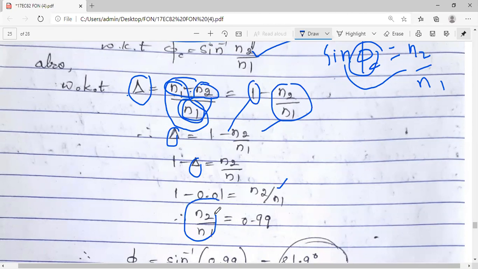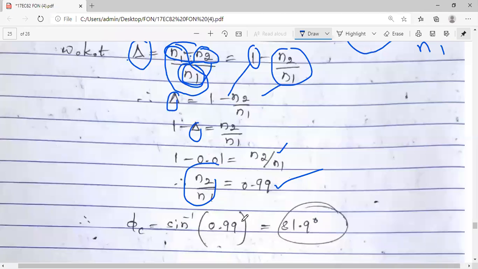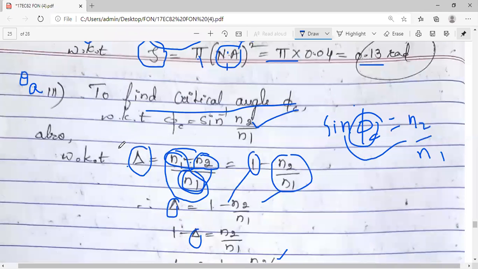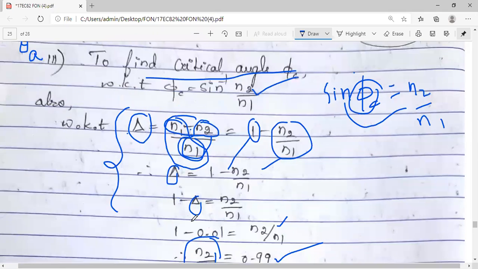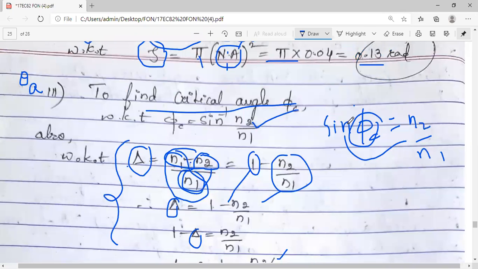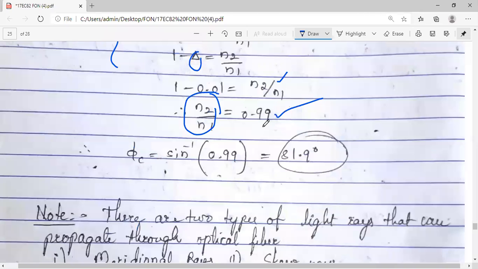So what is n2 by n1? 1 minus 0.01, 0.99. From the concept of delta, you have found the ratio n2 by n1, not the critical angle. We have to calculate the critical angle, which is sine inverse of n2 by n1, which is 0.99. So now you can calculate the critical angle, sine inverse of 0.99, that comes up to 81.9 degrees. You can verify, and if any discrepancies, you can tell me.